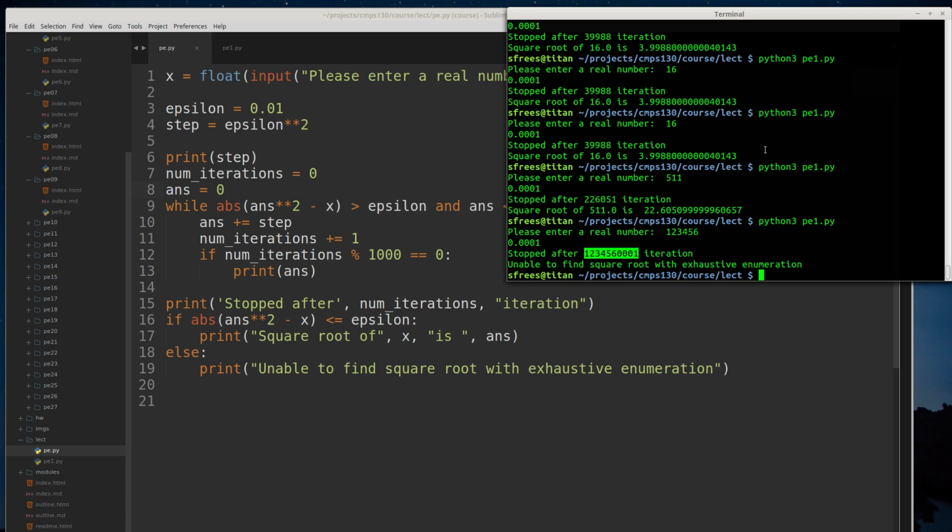It works for a lot of numbers. We can find the square root of 511. That's perfectly fine. But it basically starts to fall apart if we need to become extremely precise, or we're trying to find the square root of very large numbers. And that's why in the next video we'll use a better method called bisection, that instead of starting at 0 and just proceeding to the right, uses a smarter method.